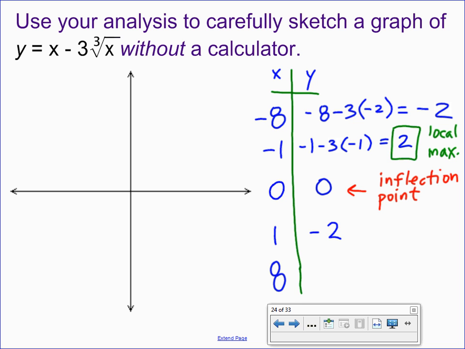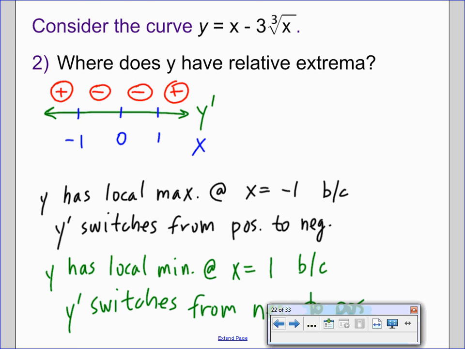And one to go, 8. Minus 3 times the cube root of 8, which is 2. 8 minus 6 is 2. So what happened when we labeled at x equals 1? Isn't there a key feature?